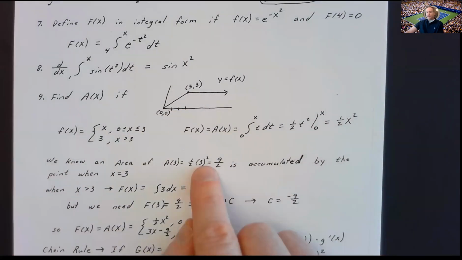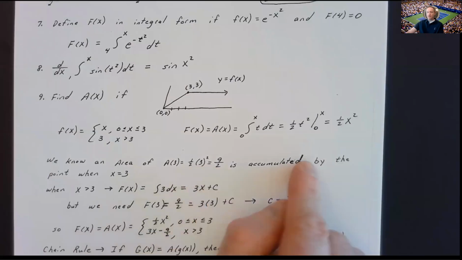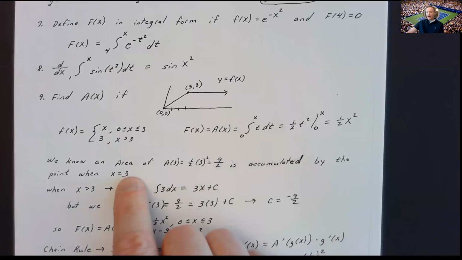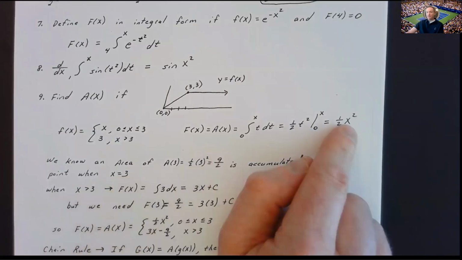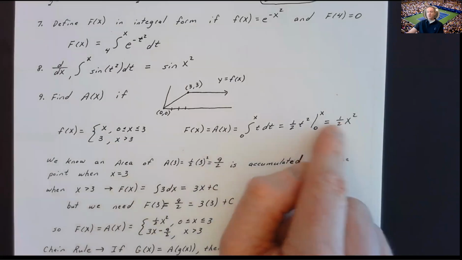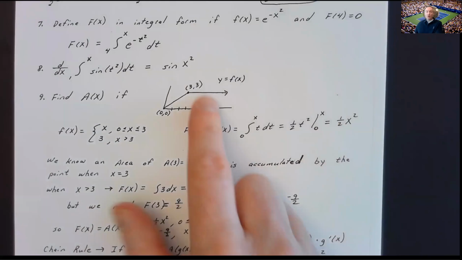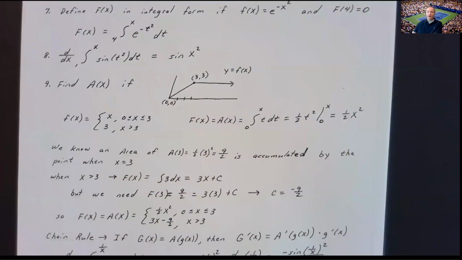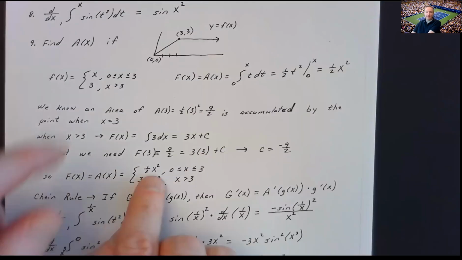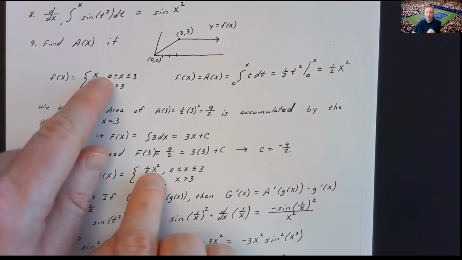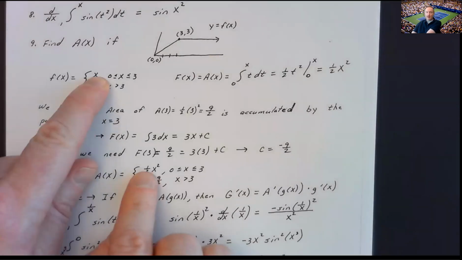So the area is supposed to be 9/2 that's accumulated by the time you get to 3. Is that going to be satisfied by this formula, A of 3? Yeah, 1/2 times 3 squared would be the exact same thing as 1/2 base times height. So when I came down to find the piecewise function that is the area function here, for my first one, yes, the integral of x is just 1/2 x squared.